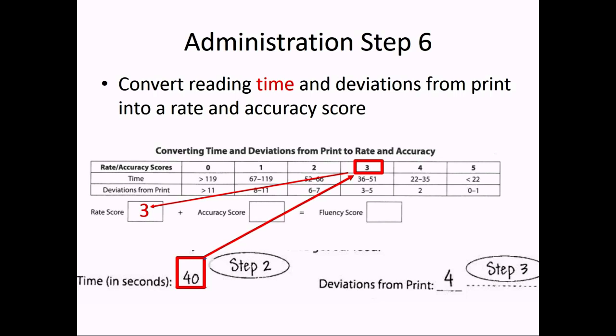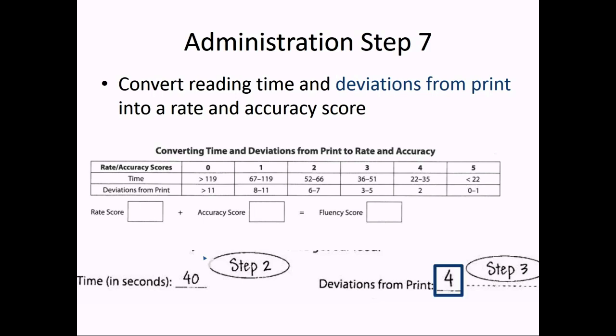Then we're going to do the same thing with deviations from print. So the child had 4 deviations from print. So look along that continuum, and you'll find again that 4 deviations from print also earned a rate accuracy score of 3.